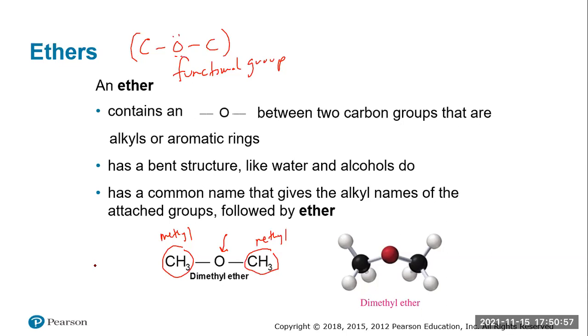That is two methyl groups within the same compound, so the name is dimethyl, and then we simply add ether to the end of it. That's the way we go about the common naming of these ethers.